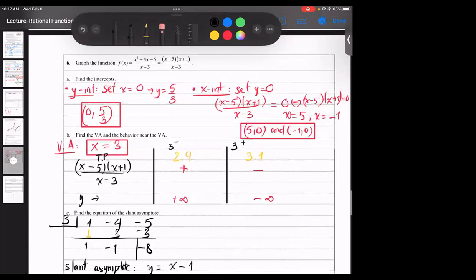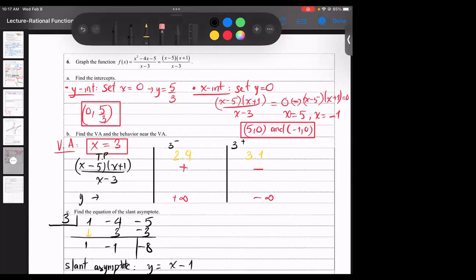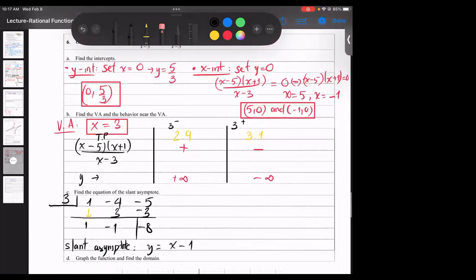Now we graph, then it'll be done. So let's plot the point first. 0, 5 thirds. 5 thirds is roughly 5 divided by 3, which is 1.6, right? So this one is roughly 1.6.